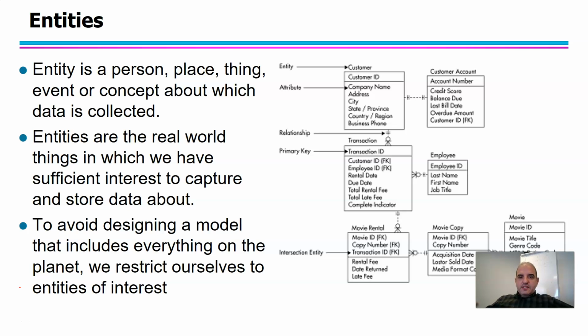For our system's purposes, if this place, person, or thing is important, then we must keep data about it. So we must select the entities which we want to keep data about. If you start keeping data about everything, then your database will be very inefficient.